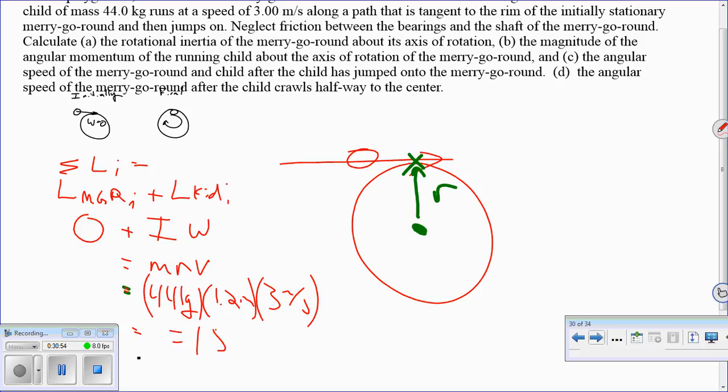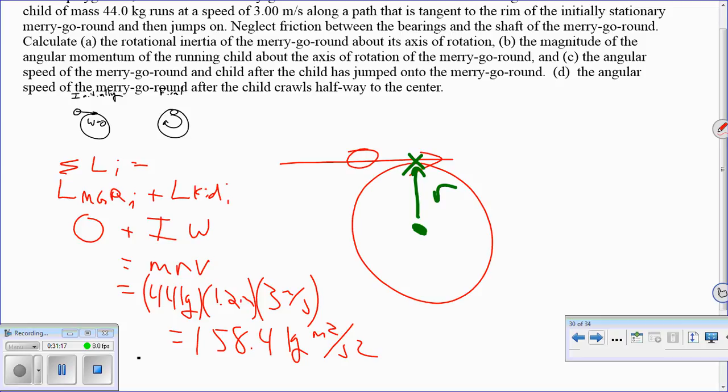Equals 158.4, and it's kilogram meters squared per second. All right, so that's how much angular momentum the system has before the kid gets on the merry-go-round. Cool?